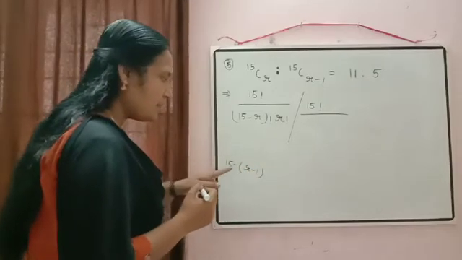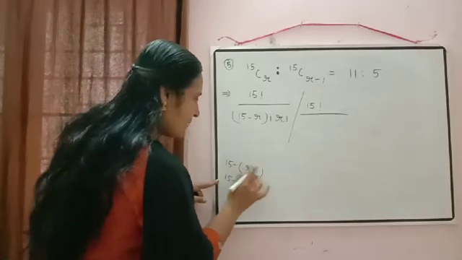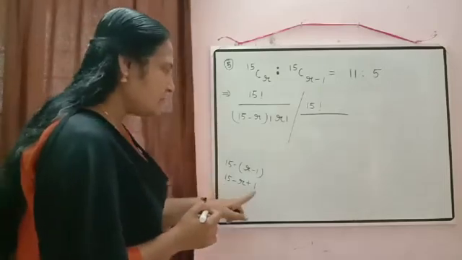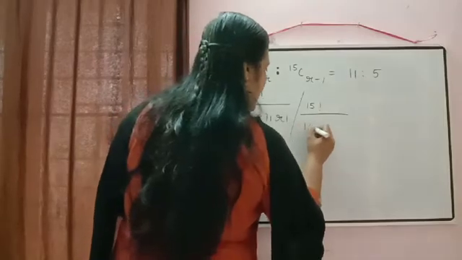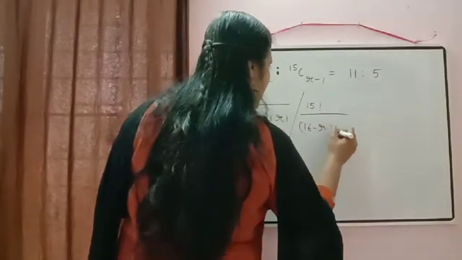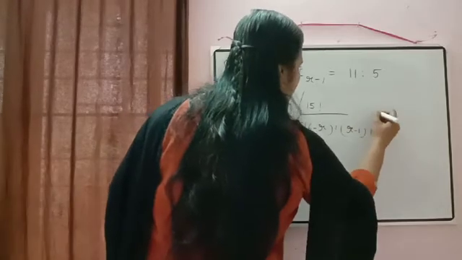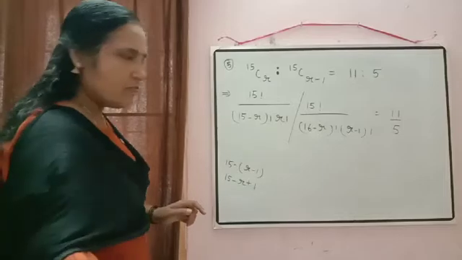Now when we open the bracket, 15 minus R, minus into minus will be equal to plus, then it will be equal to 16 minus R. So I am going to write here directly (16 minus R) factorial into (R minus 1) factorial is equal to 11 by 5.